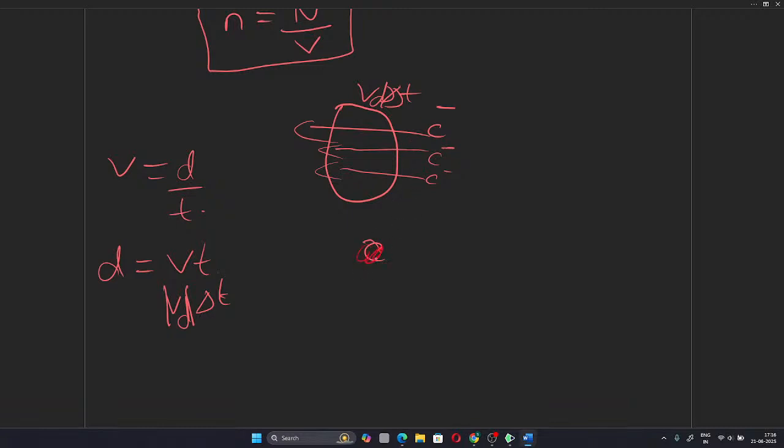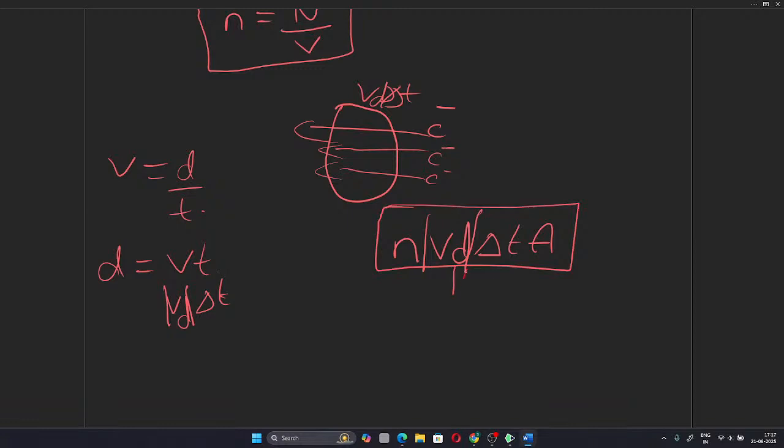Let's take n as the volume density of electrons moving at a distance of Vd times delta t in an area of A. This is the total number of electrons in the conductor.